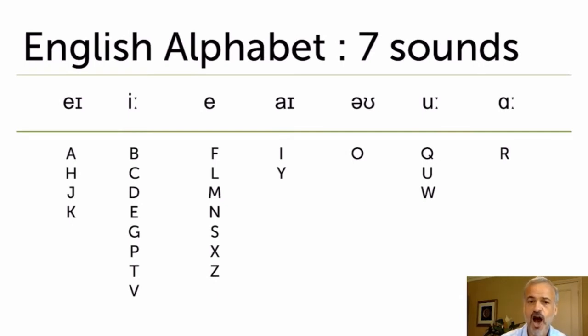So just to go through from the beginning, we've got A, H, J, K, B, C, D, E, G, P, T, V, F, L, M, N, S, X, Z, I, Y, O, Q, U, W, and finally R.